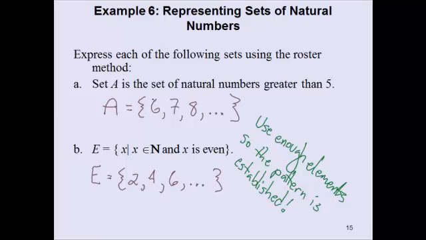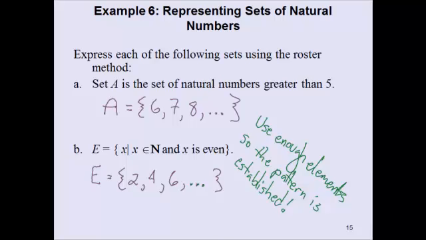So here, 6, 7, 8, dot, dot, dot. This just sort of indicates that I'm going to go up by 1 each time. 2, 4, 6. This indicates I'm going to go up by 2 each time. If I was going to do exponents, I probably would have had 2, 4, 9, 25, and then maybe my 3 dots, okay? But you just need enough elements so that the pattern is established, so that when you put in the ellipsis, the person knows what is actually following afterwards, okay?